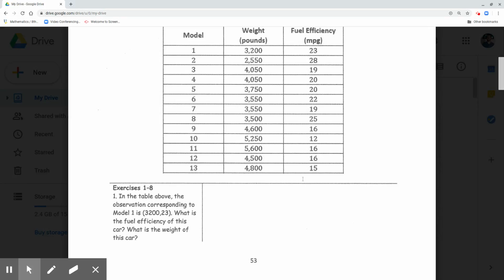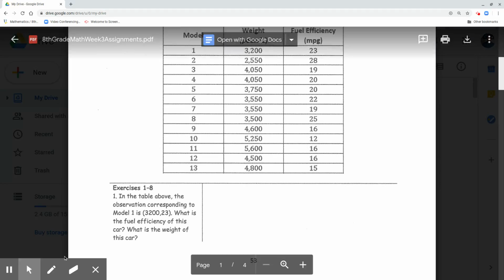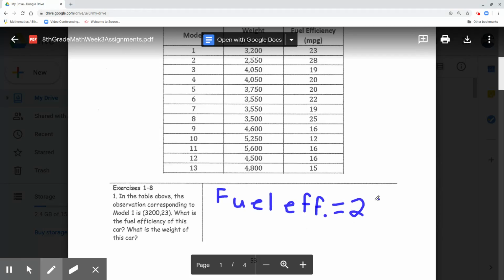Okay, so our fuel efficiency is going to be 23 miles per gallon. I'm going to abbreviate this here. That is equal to 23 miles per gallon.